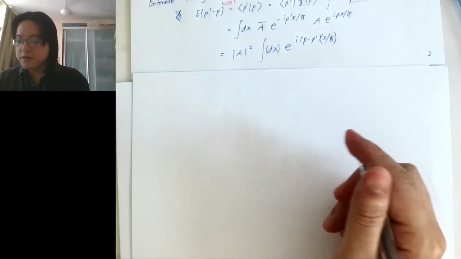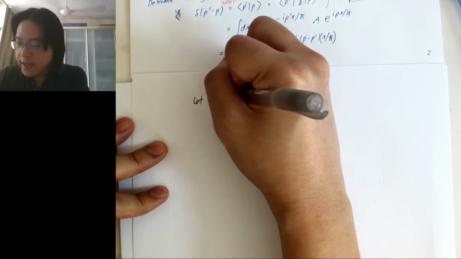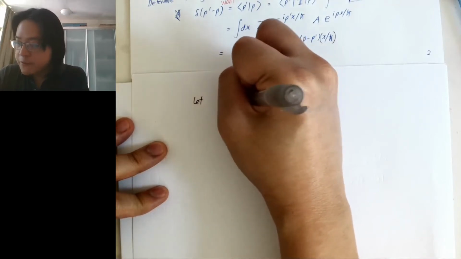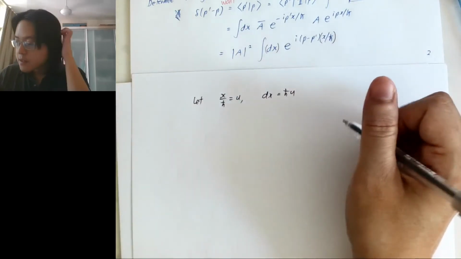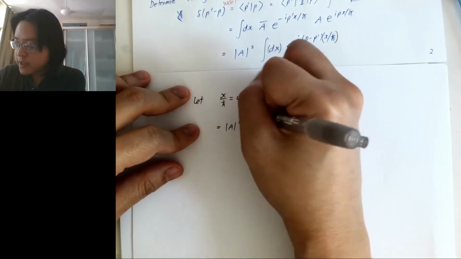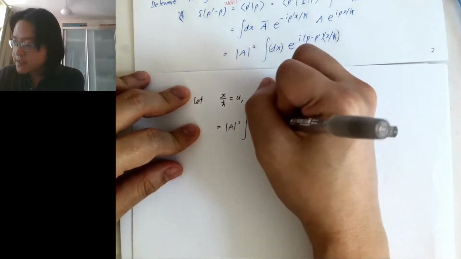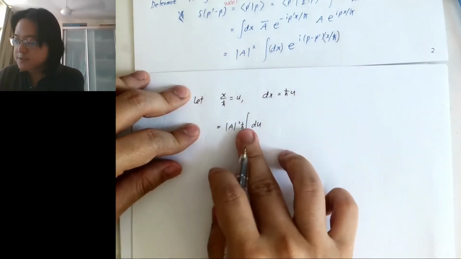Okay, so in order to compare the two of them, I'm going to let x over h bar be my new variable, so that my dx is just h bar du. So that my integral now becomes modulus a squared. This one is h bar du, so h bar is a constant, so I'll put it outside.